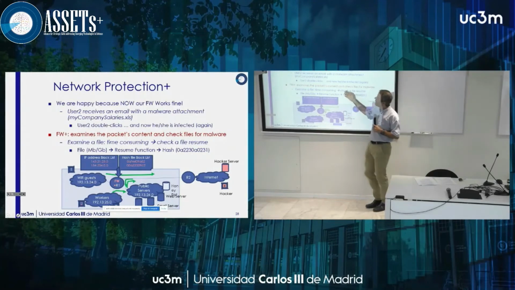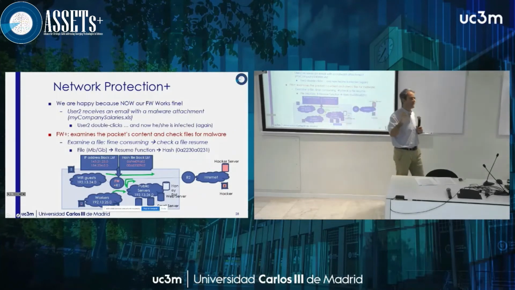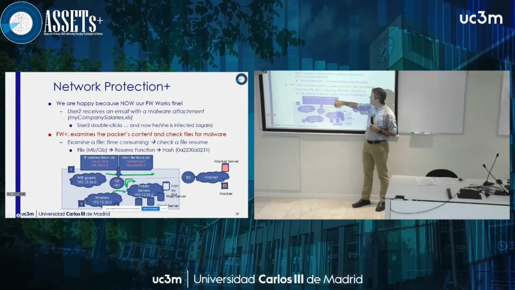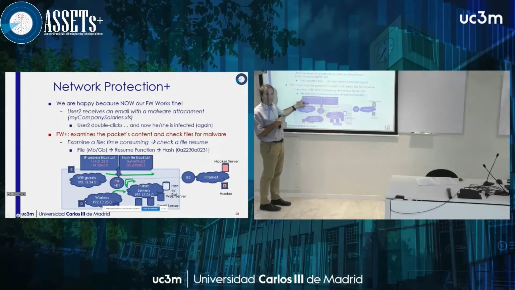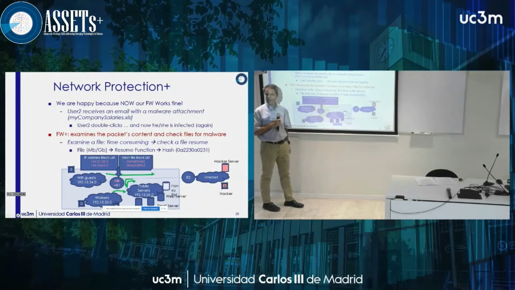So you can change the name, but the content will have the same hash. So we can include a file hash blacklist. The hash of every known malware can also be included. So the router checks for malicious IP addresses, malicious names, and also malicious files.